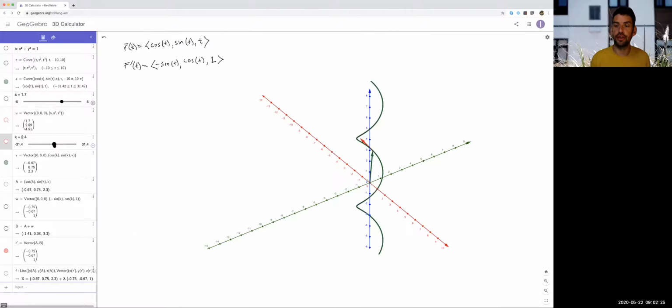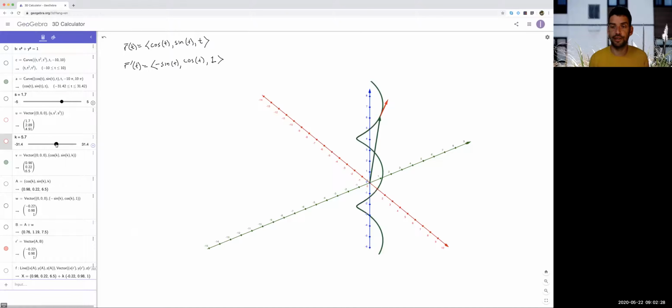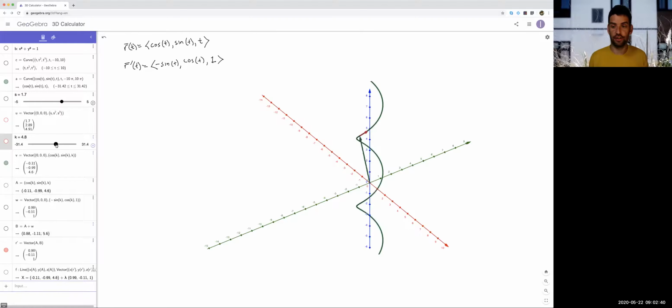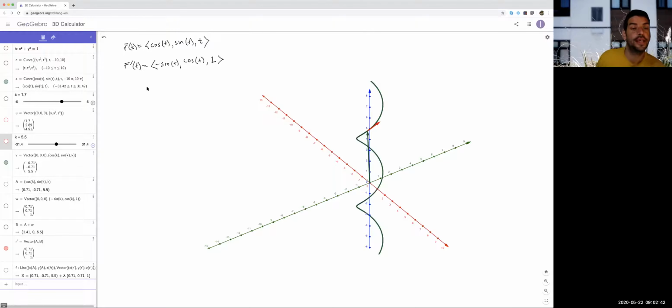So if you choose any t, r of t spits out a vector that points at a point on the curve. R prime of t spits out a vector that is tangent to the curve at that point.